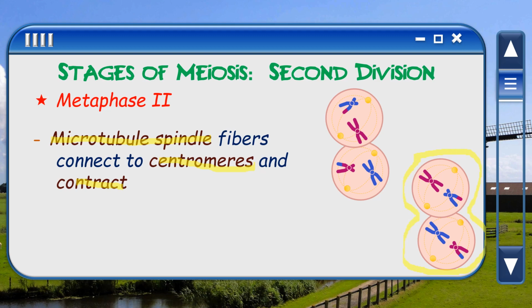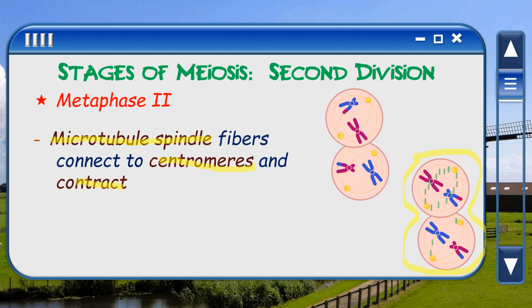The spindle fibers move from the centrosomes and pass through the centromere of the sister chromatids. That is what is taking place during metaphase 2.